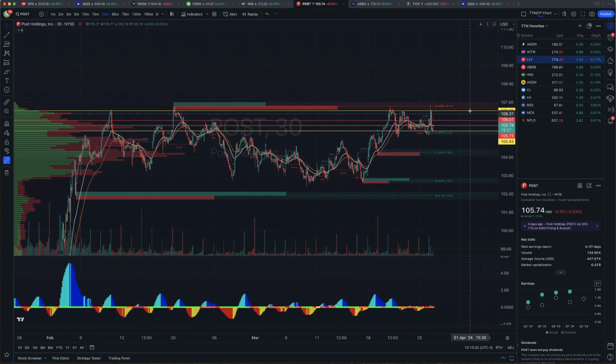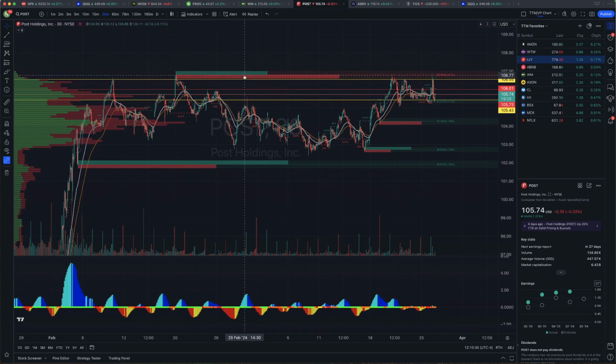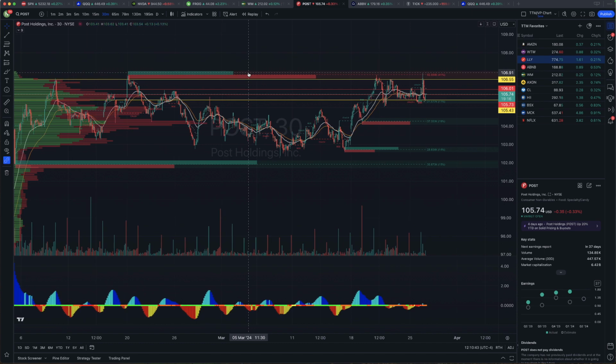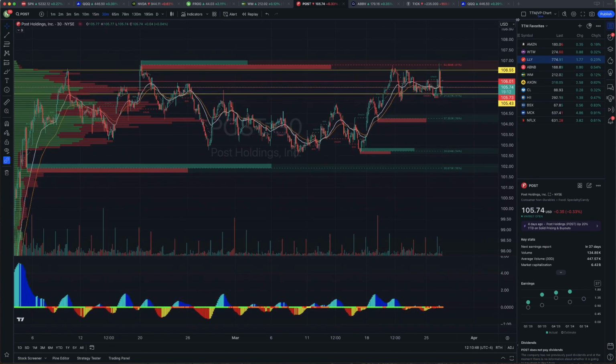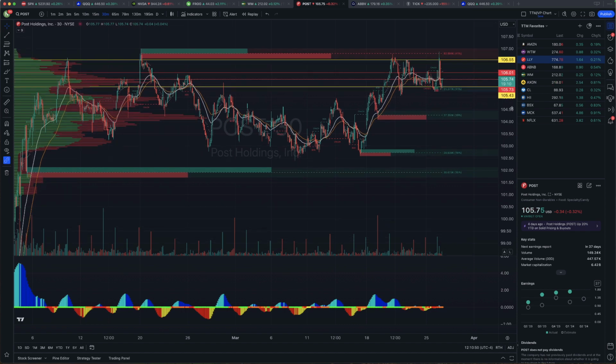And as you can see here, for it to get going, it's got to chew through this massive order block up here. And so it just kind of keeps getting rejected out of this area. But yeah, if you can get above 107, this thing is gonna go.